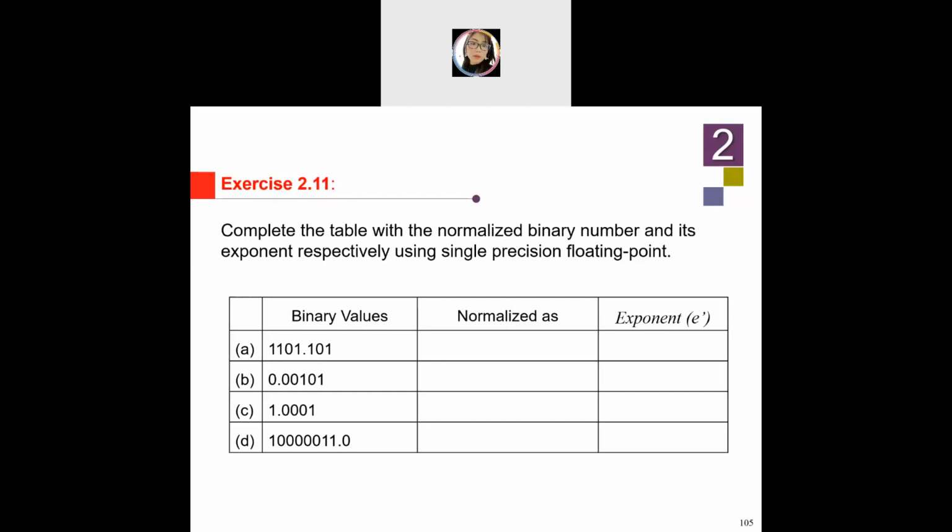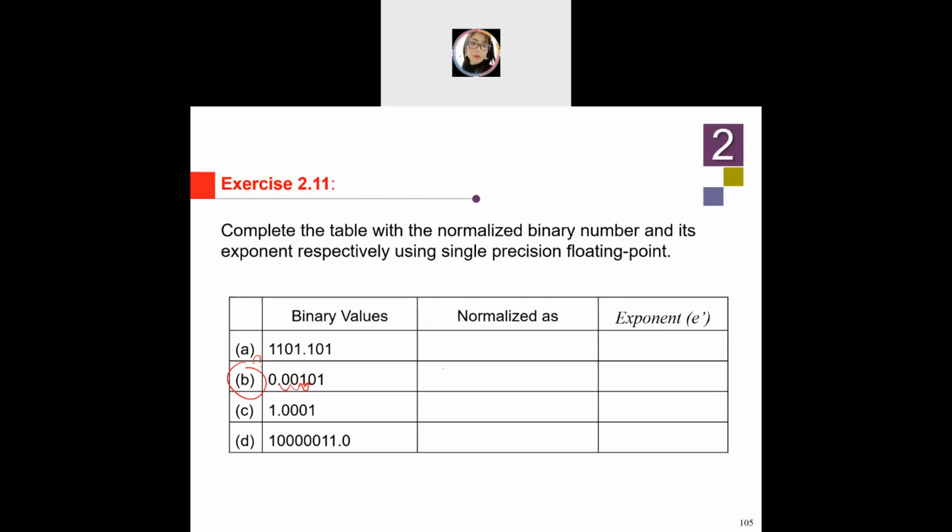Okay, Abdul Kadir, you want to answer? Yes, doctor. Okay, so we move it to the right. B, one, two, three times.